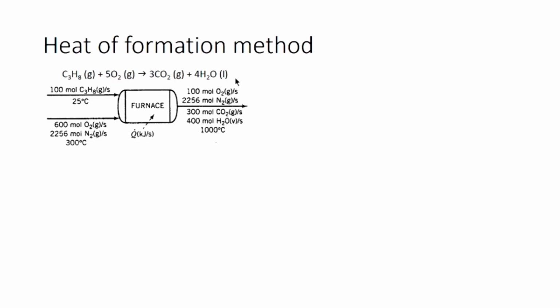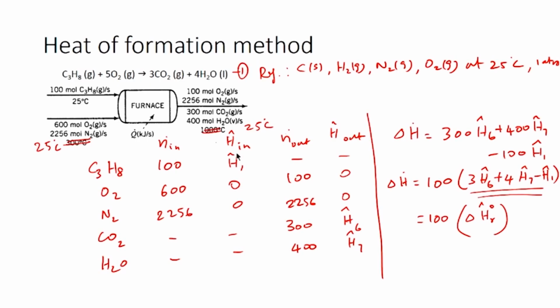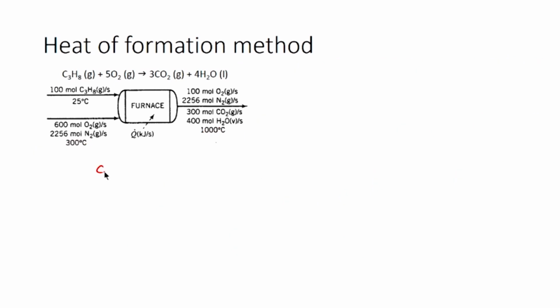So, if we were to have the temperature differences as well, what would happen is, now this equation can actually have 2 components. So, this table would have all these enthalpy values in the table would have 2 components. So, what you would end up with would be C3H8, we will call it N dot in, H cap in, N dot out and H cap out. Okay.